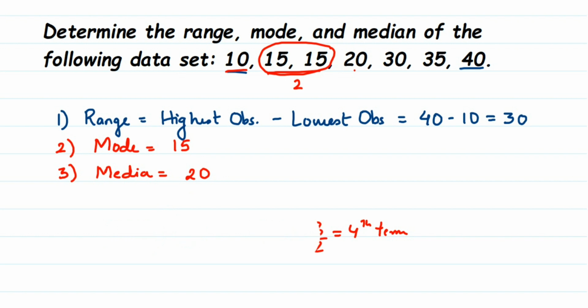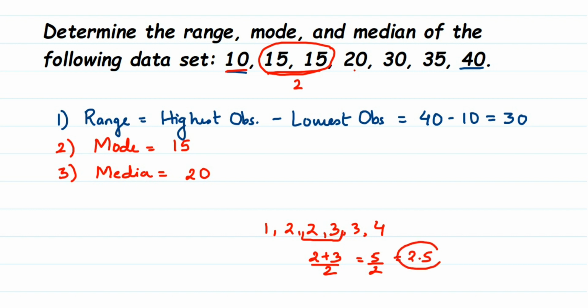Suppose you have 6 terms like 1, 2, 2, 3, 3 and 4, then the median is the average of the middle two terms, that is 2 and 3. How to take the average? You add 2 and 3 and divide by 2, which is 5 by 2, which is equal to 2.5. So your median will become 2.5. This is how you find the median if you have an even number of observations.